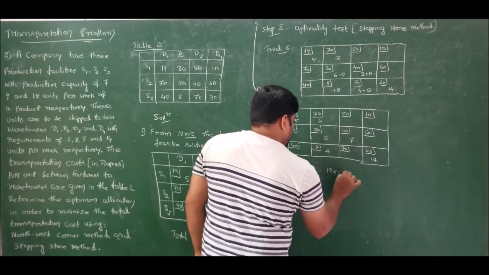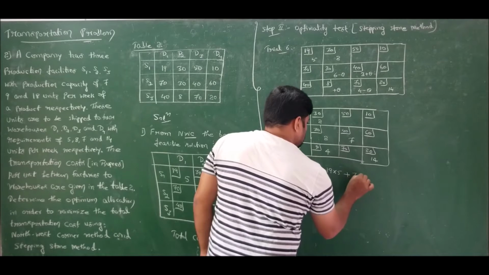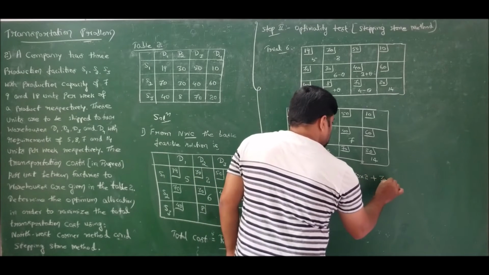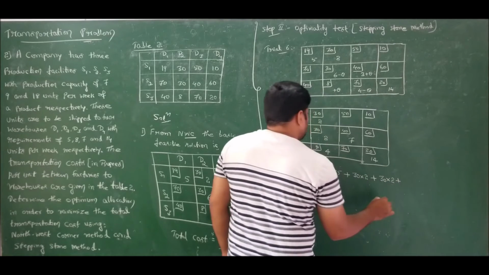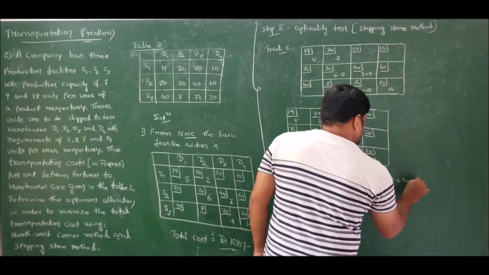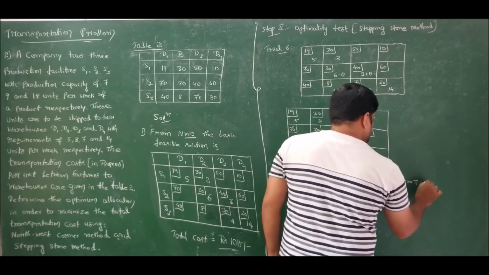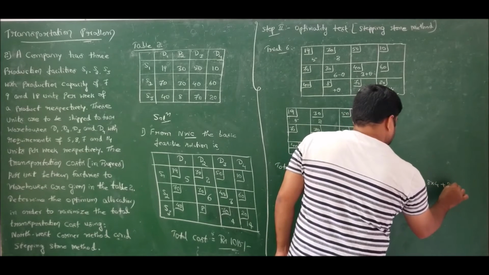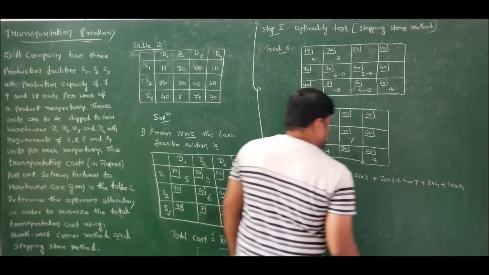19 into 5 plus 30 into 2 plus 30 into 2 plus 40 into 7 plus 8 into 4 plus 20 into 14.